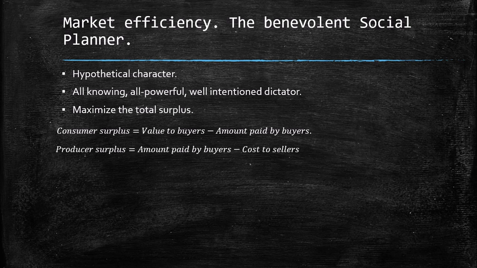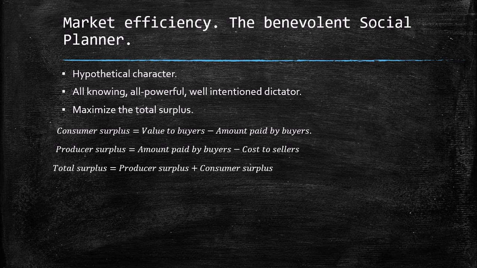In the case of producer surplus, it is the amount paid by buyers minus the cost to sellers. So every time the amount paid by the buyers is higher than the cost to the sellers, there is going to be a positive producer surplus.